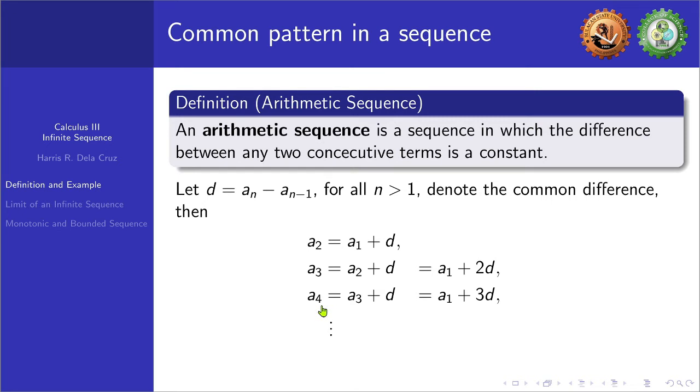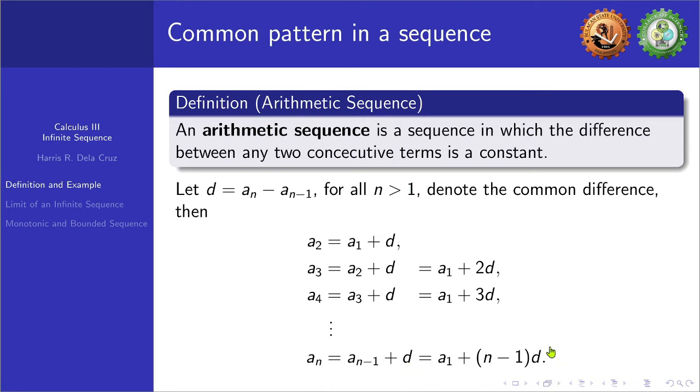If the subscript is 4, then the formula is A1 plus, well, you guessed it right, 4 minus 1, so that gives us 3D. So if the subscript is 5, what do you think is the formula? Correct, A1 plus 4D. In general, if you have A sub n, the formula for A sub n is, very good, A1 plus quantity n minus 1 times D. So because of identifying the pattern, we're able to establish a formula for the general term.